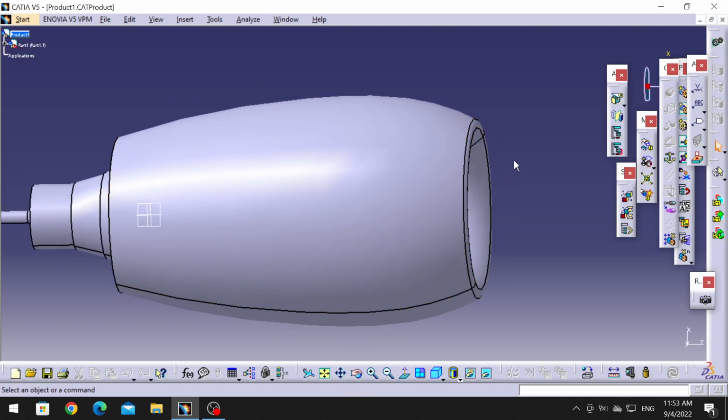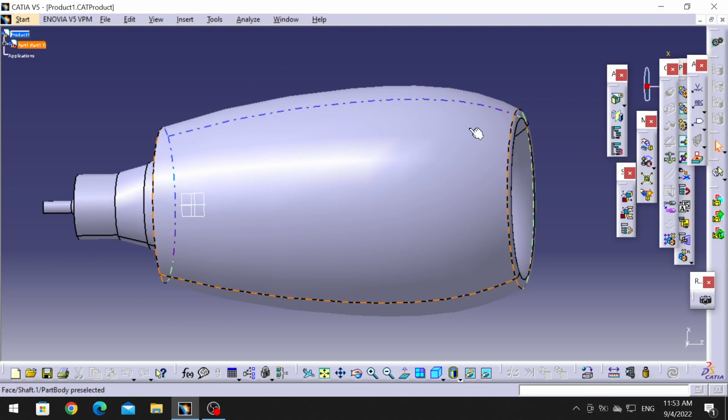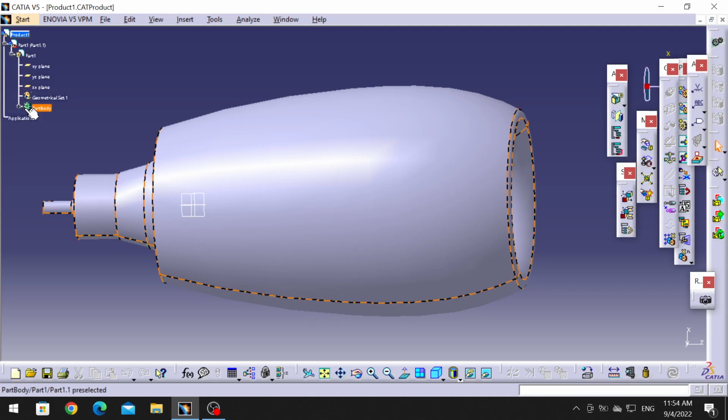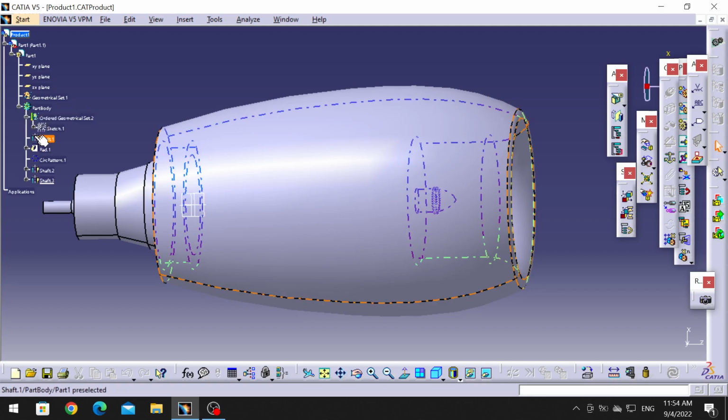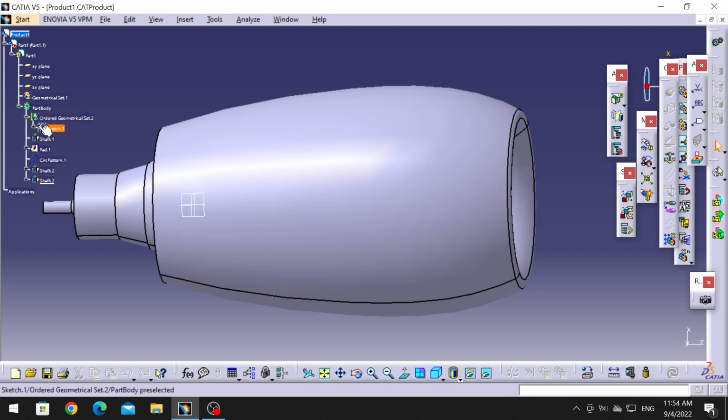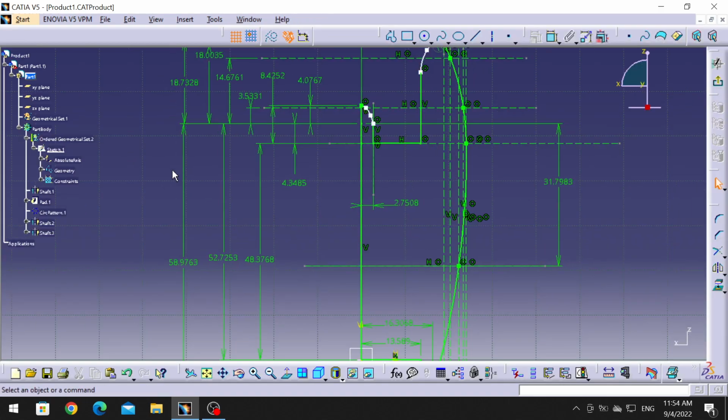Now, to draw this, we'll begin with the main body, of course, which is the combination of the fan cowl and the thrust reverser. It is a shaft, and I form the shaft through this sketch.